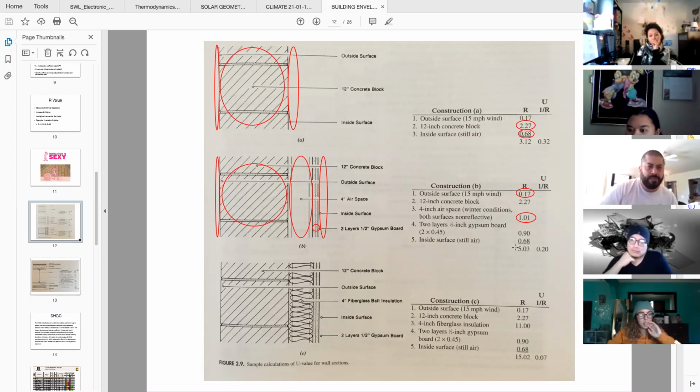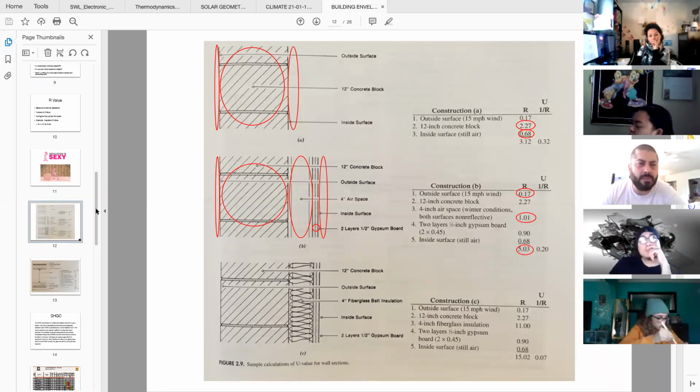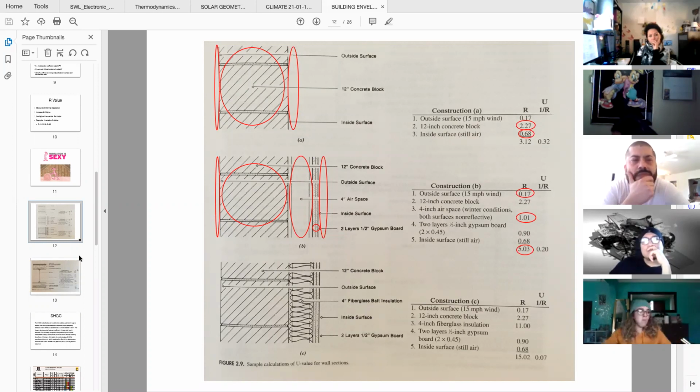Okay, so adding all of those studs, they just get left out of the diagrammatic drawing? Let's see. It's not that they get left out, it's that their area is not significant enough to affect the thickness of the wall.